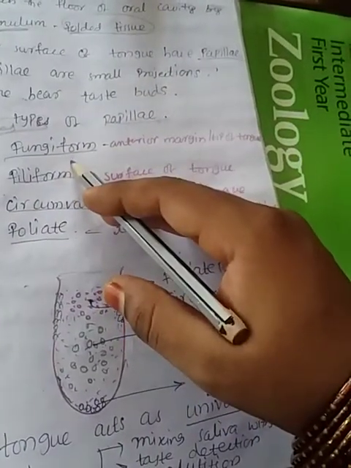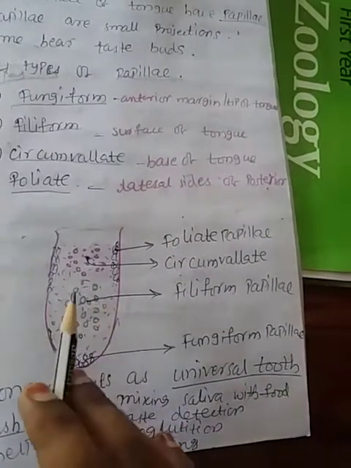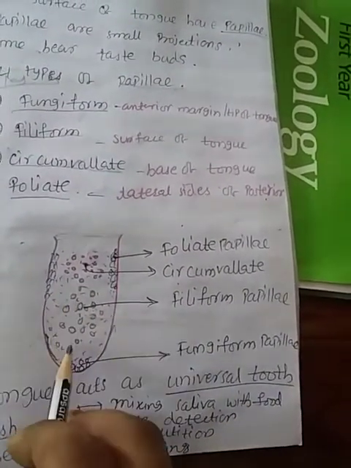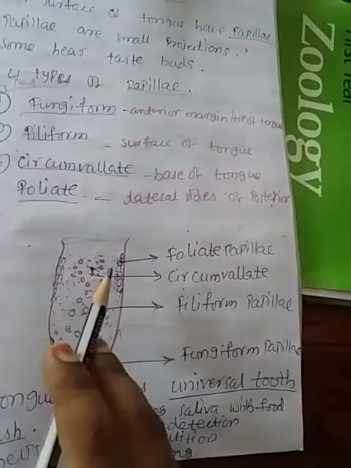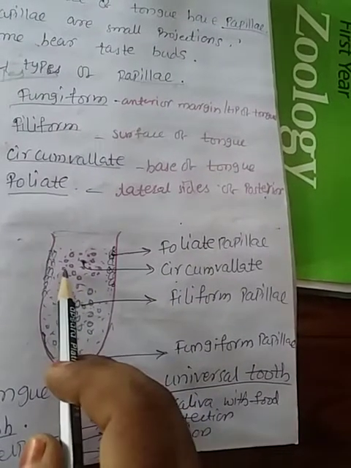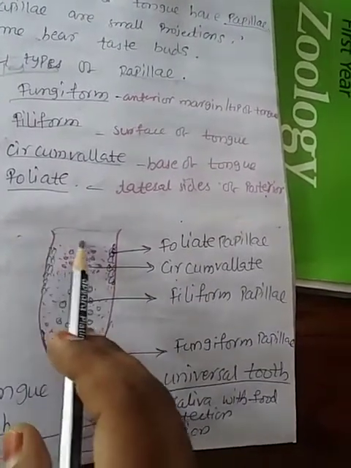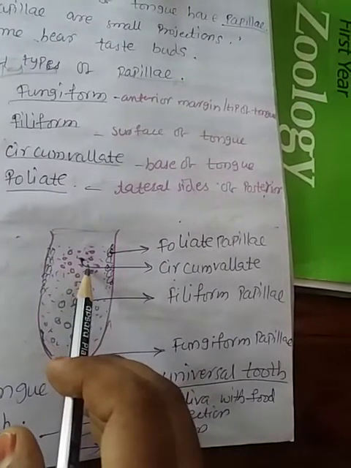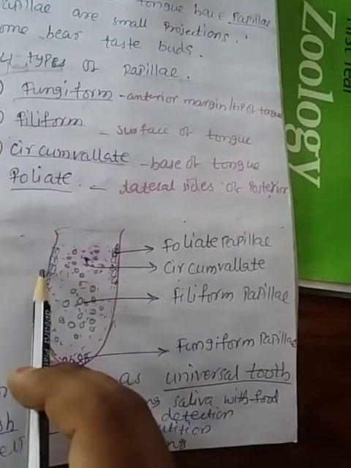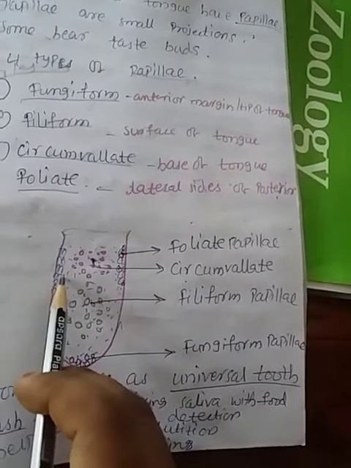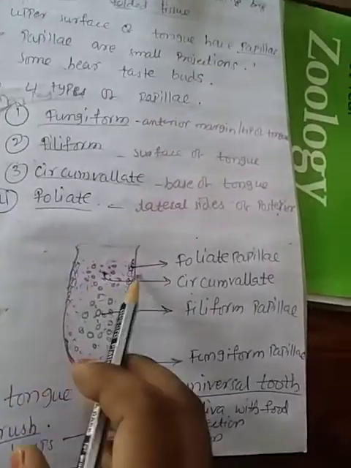The fungiform papillae are present at the tip of the tongue, and this is filiform. Filiform papillae are located on the surface of the tongue, and the third, circumvallate, at the base. The base of the tongue has the circumvallate papillae, and these places are the lateral sides. Foliate papillae are located on the lateral sides of the tongue. Okay.